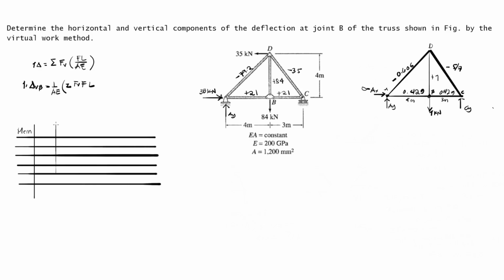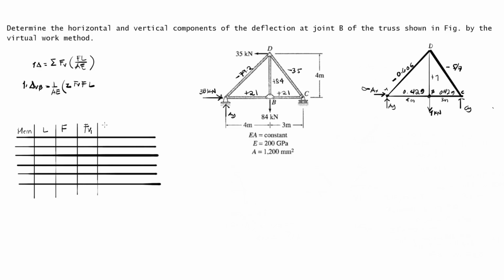The next column must be the length. Okay? The next column is sabihin natin yan yung F natin. Hindi nagbabago yan, no? Yan yung due to the actual force natin. And then this FV1. Okay? FV1 pertains to the virtual member force due to the vertical concentrated load. Okay?